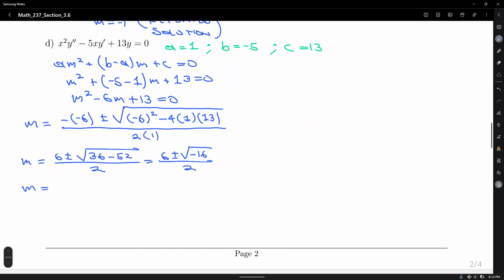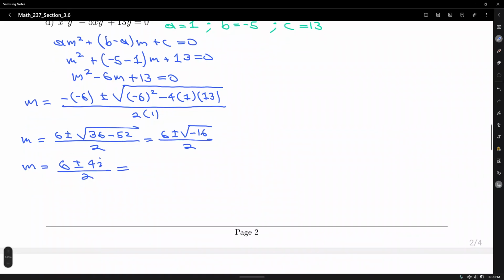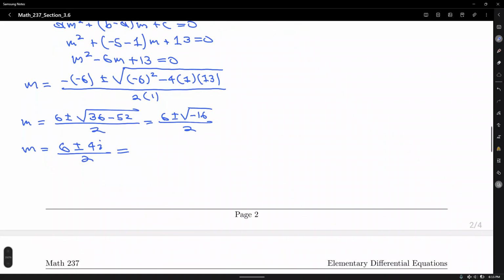So m equals 6 plus or minus the square root of negative 16, which is 4i, everything divided by 2. We'd better simplify this to the format alpha plus or minus beta i, that is 6 over 2. Even if the numbers don't divide out evenly, leave them as fractions.